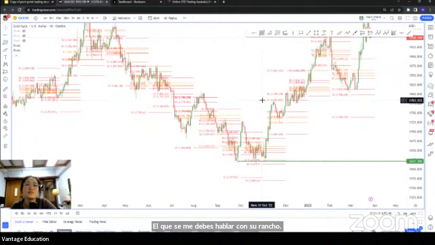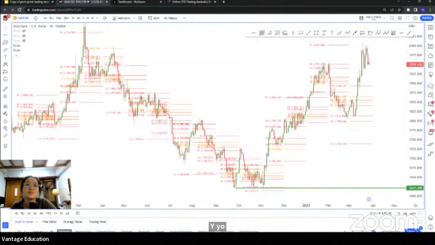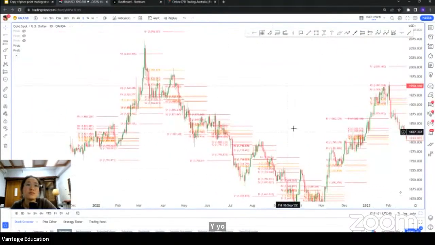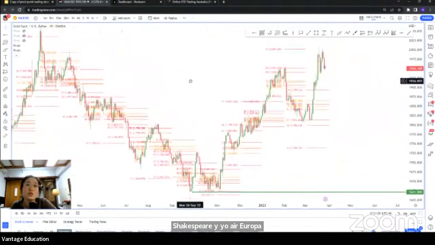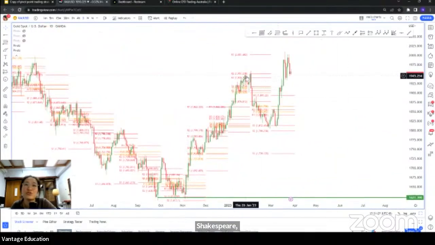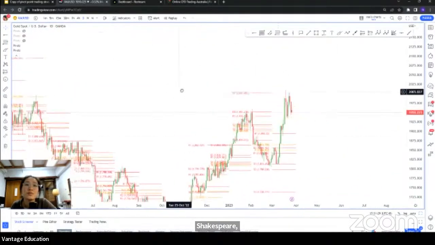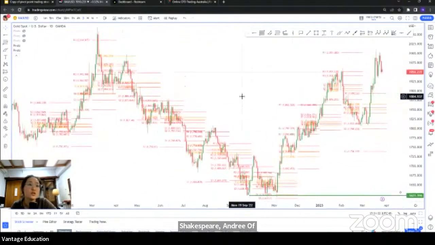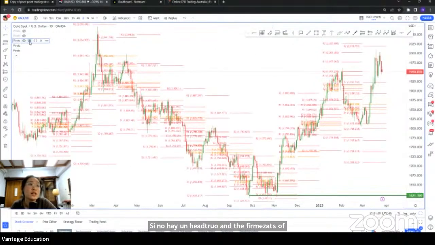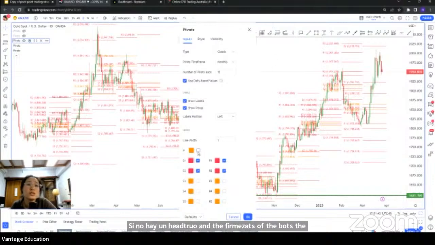So that's a way easier way to predict where prices would reverse off. Okay, so now I only have two different methods of pivot points. Now let's have another one.